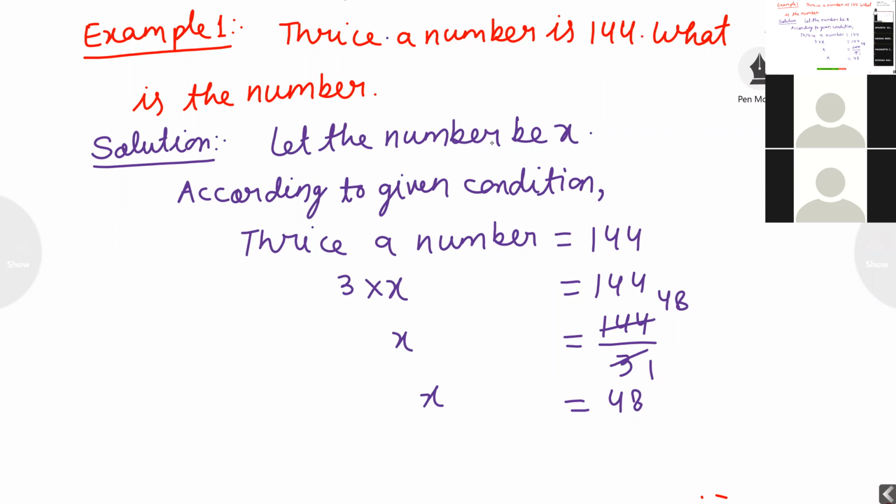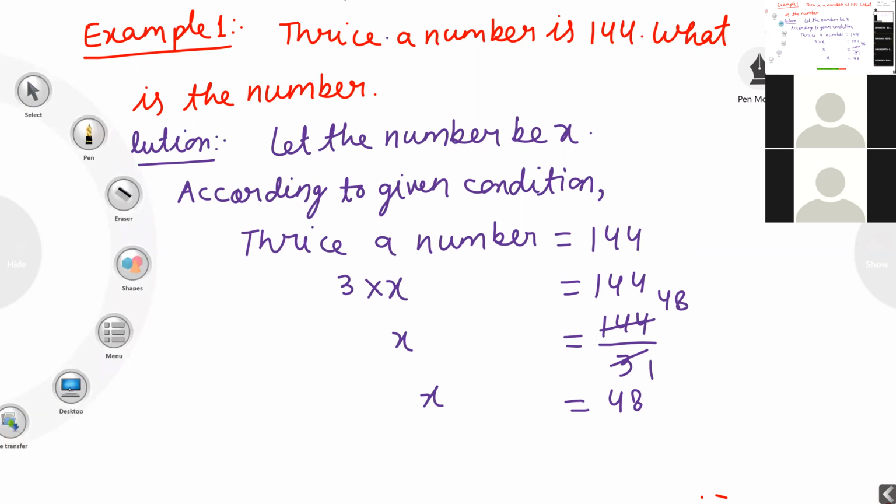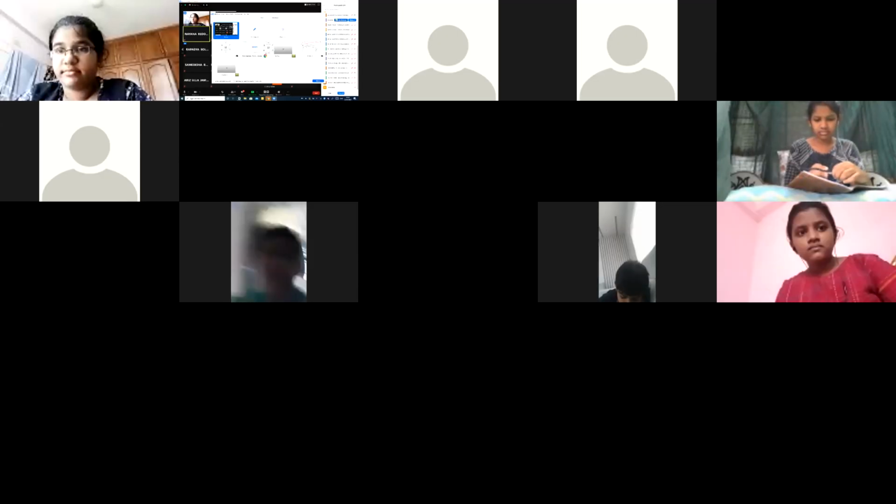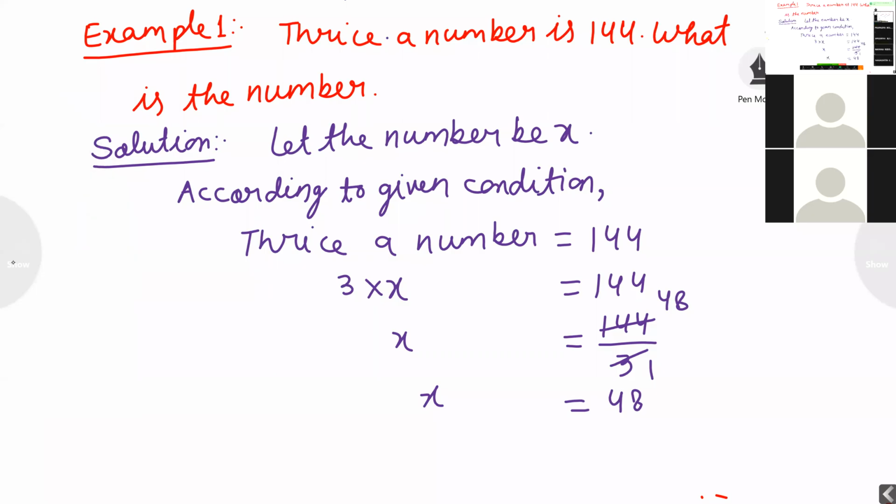Note down everyone firstly. The value of x is 48. Let the number be x. According to the given condition, thrice a number is equal to 144.